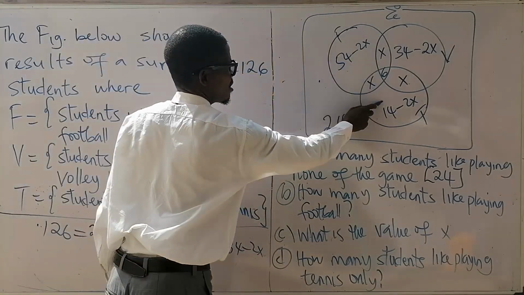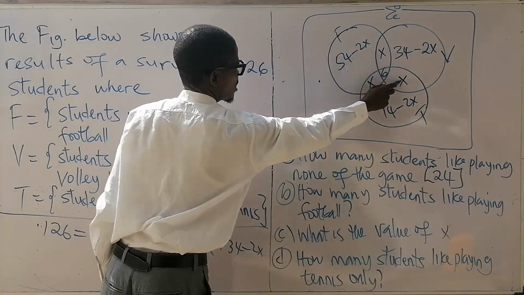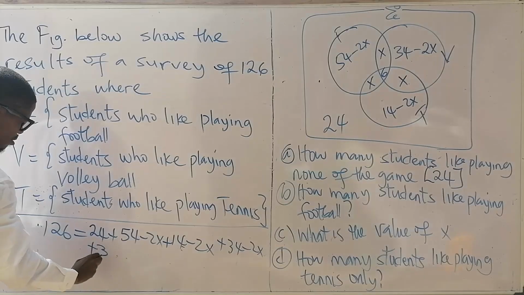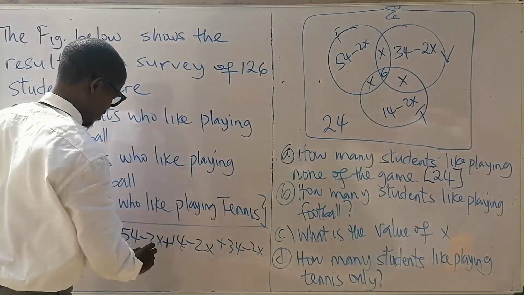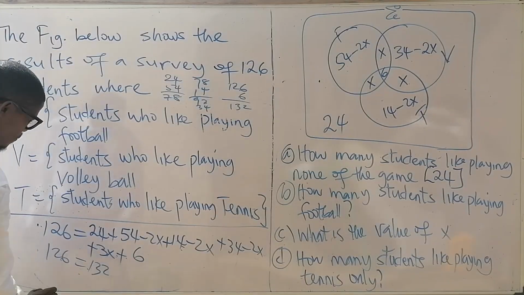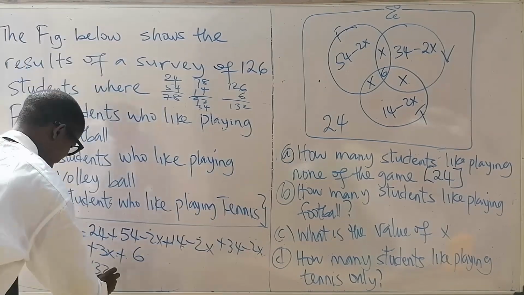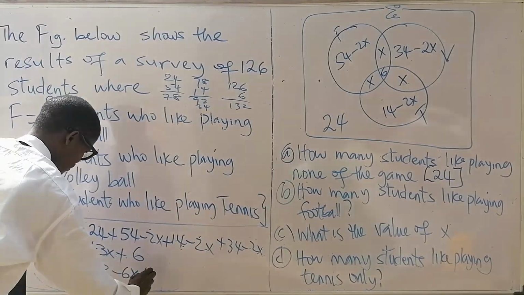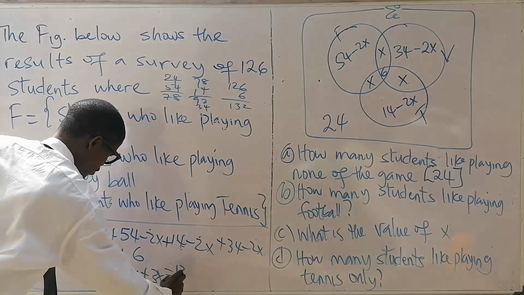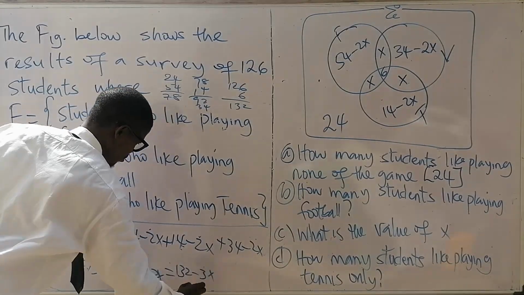So I've done this one, then plus 1, 2, 3, that's a 3x, and then plus 6. So we have 132. Then this one, minus 2x, minus 2x, minus 2x, minus 6x plus 3x. So this will give us 132 minus 3x.